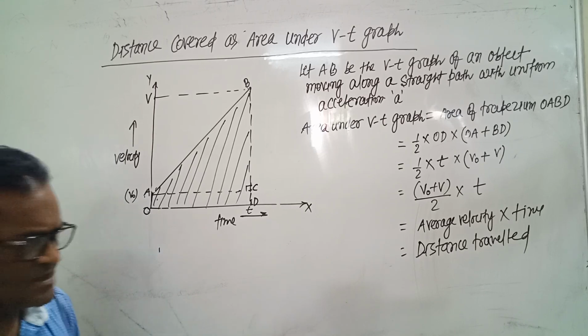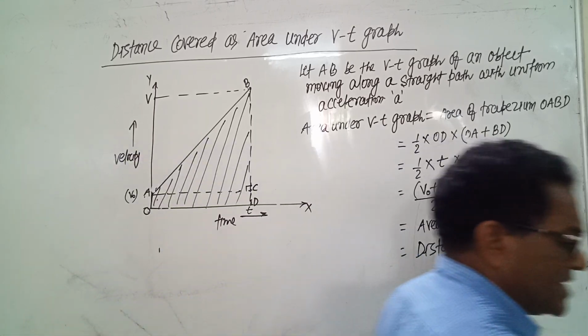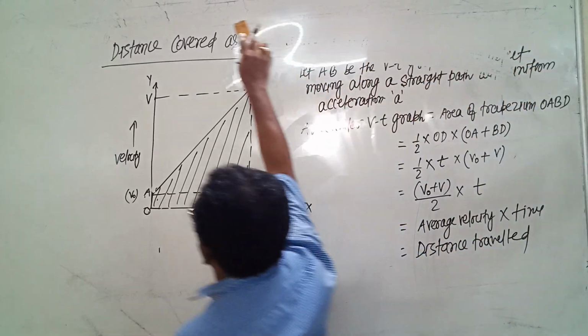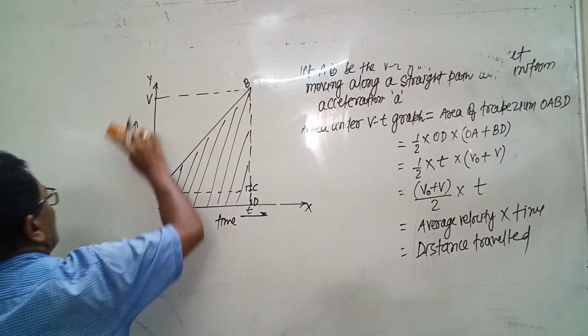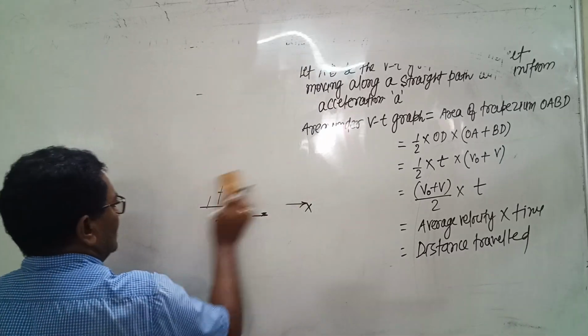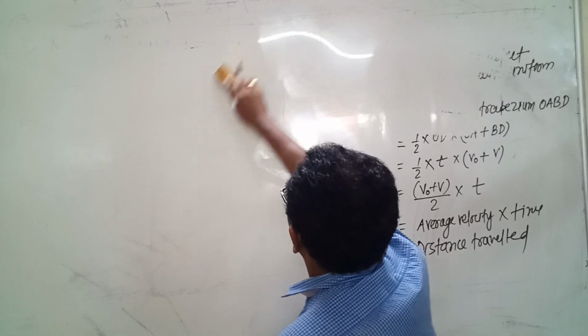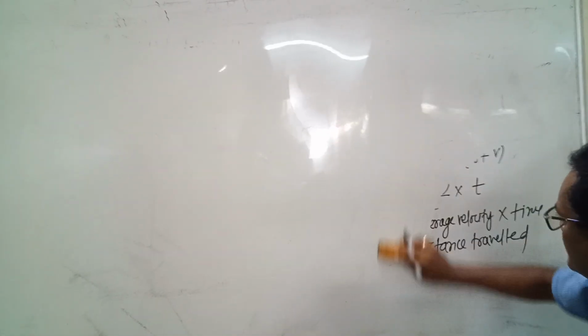The area of a trapezium is half into height into sum of parallel sides, and by placing the values we get the expression for distance travelled. So the area under the velocity-time graph in uniformly accelerated motion gives the expression for the distance covered by a body.